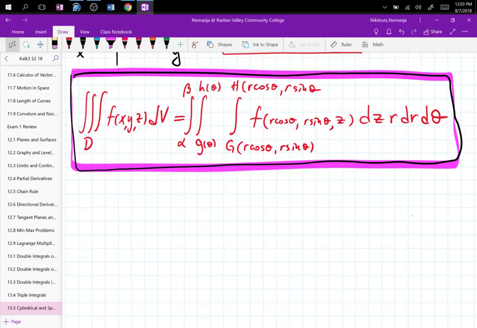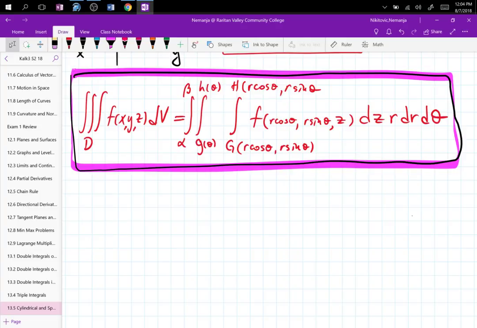I have theta at the ends, right? The theta at the end is alpha and beta limits. I have the dr, well, the middle one, g theta and h theta, that's the same as the 13.3 polar integral, right, for non-rectangular, when you have a circle in a flower or flower in a cardioid or whatever, right, so you put those guys there.